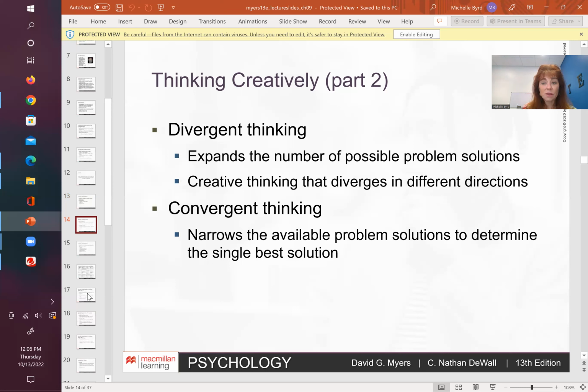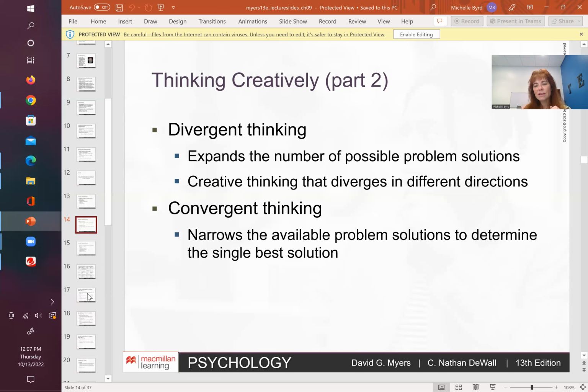So thinking creatively, this is the second part. Divergent thinking expands the number of possible problem solutions. It diverges in different directions, so it gets you thinking in different ways. Convergent thinking narrows the available problem solutions to determine the single best solution. And they're both very good.